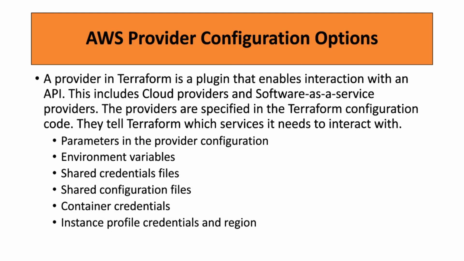When we write a configuration file, in the provider block we can specify parameters like secret key, access key, and region. Next we have environment variables, the system environment, which you can use. Next we have shared credential files and shared configuration files, which we can also use to authenticate to AWS. Next we have container credentials, and finally we have instance profile credentials and regions.